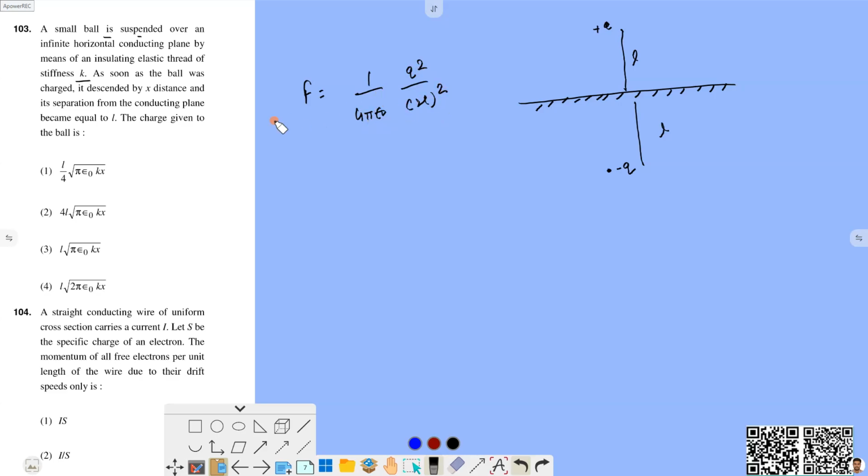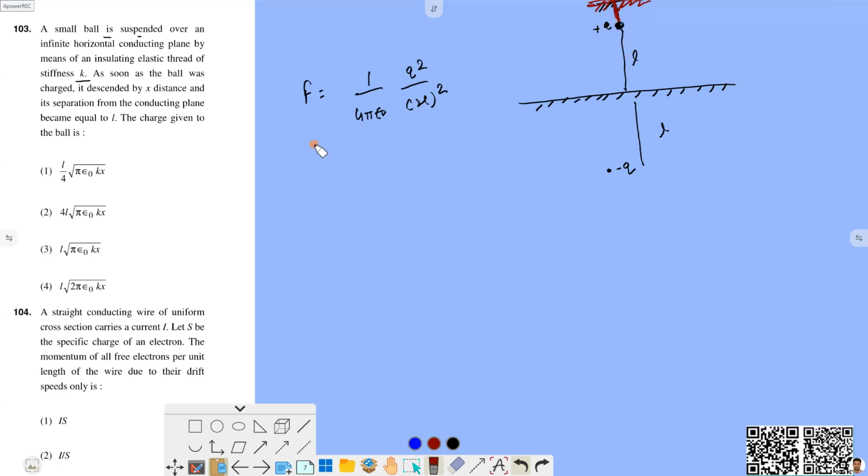Now this force will stretch the thread to which this charge is attached. The upper charge is attached to a thread.